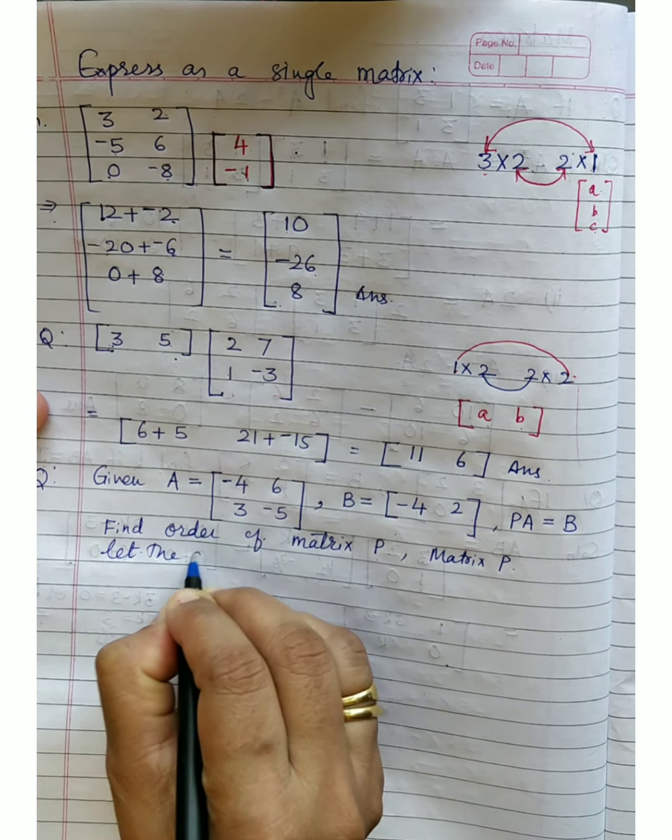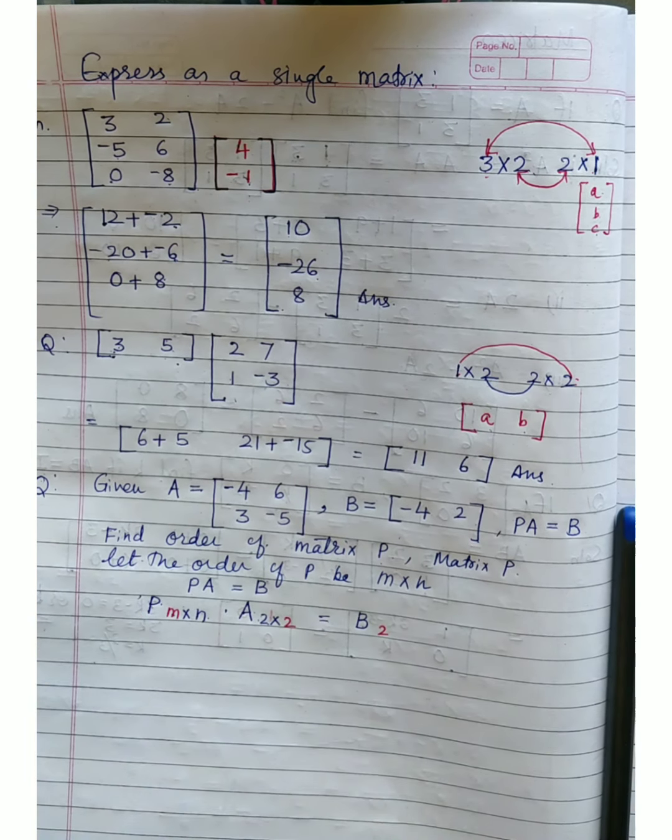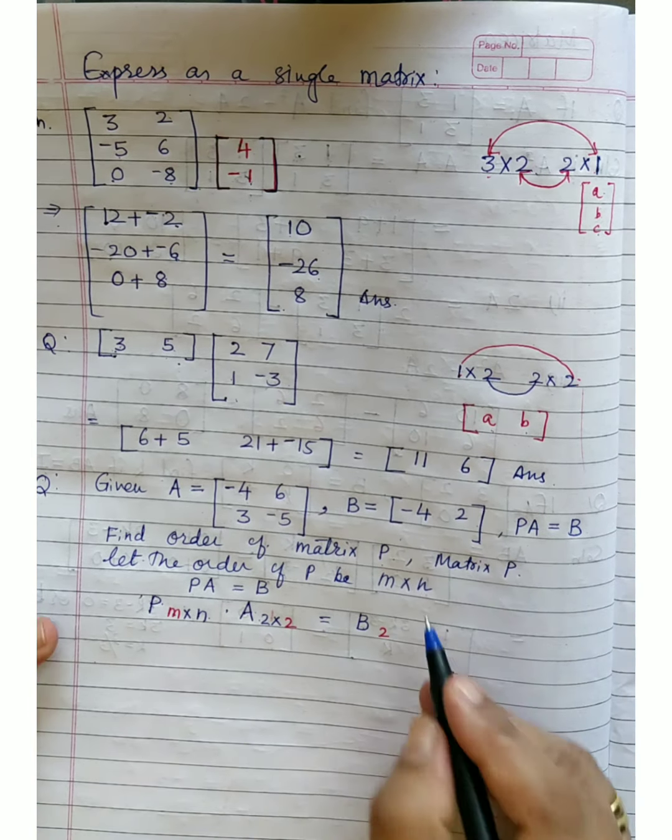It is equal to the answer matrix. What is the answer matrix? B. And you know how the order of the answer matrix is determined: it gets its number of rows from the first matrix. So here we already know what its order is. It is 1 by 2.